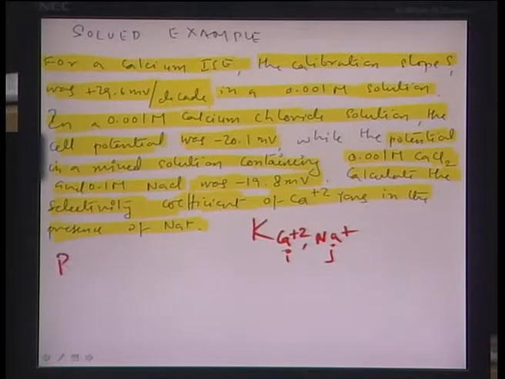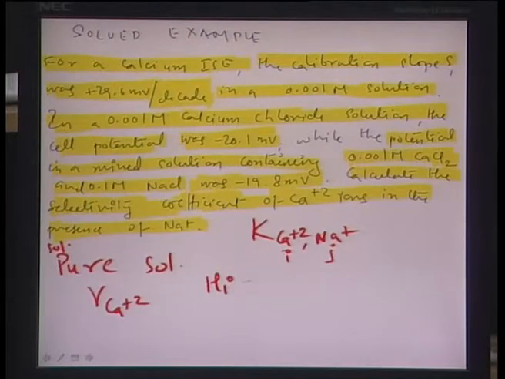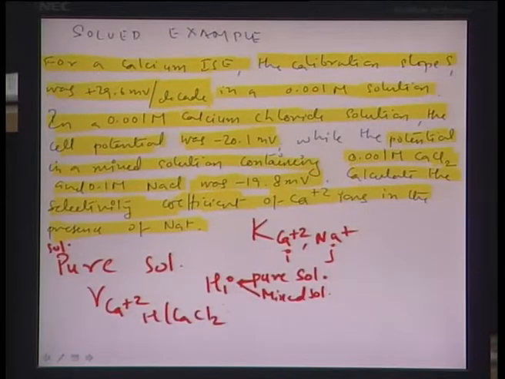Let us first do the pure solution case. In the pure solution, we have to calculate what gamma Ca plus 2 would be. For that, we need the mean ionic strength of the pure solution and also the mixed solution. The ionic strength of CaCl2 is half sum of CiZi square.